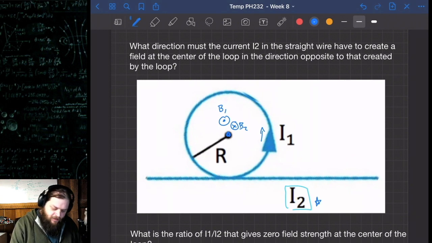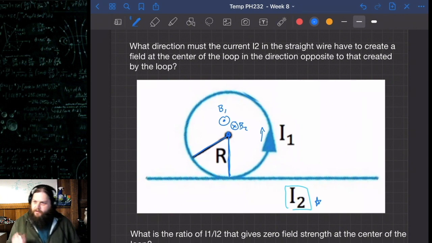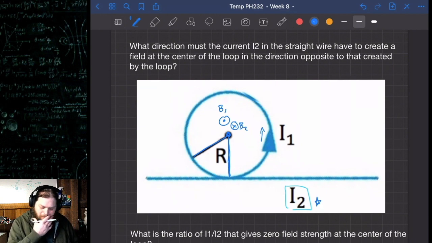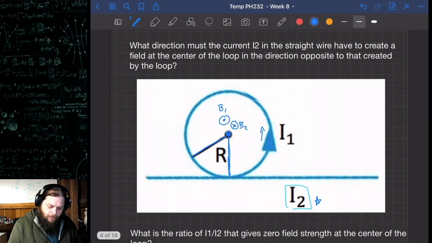So this has the radius kind of drawn out here. That's going to be the same distance here from the center of that loop down to that wire, because we say that the wire is just barely touching the loop. So that's the direction that needs to happen.